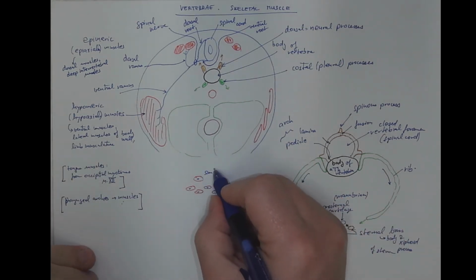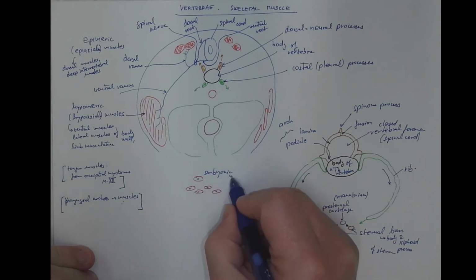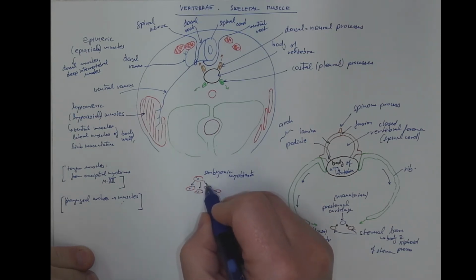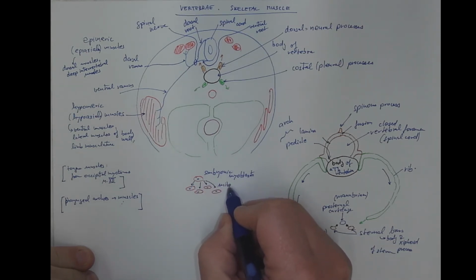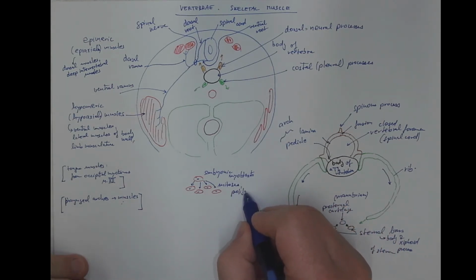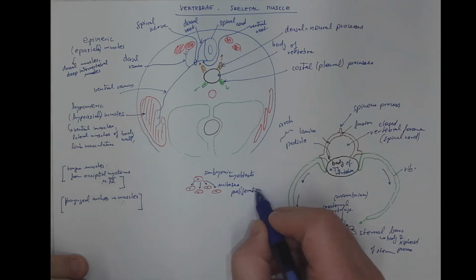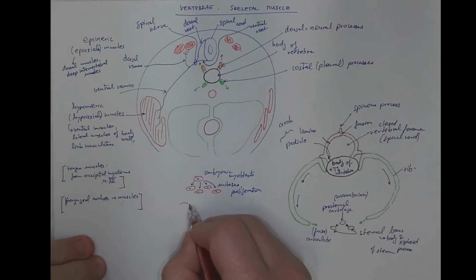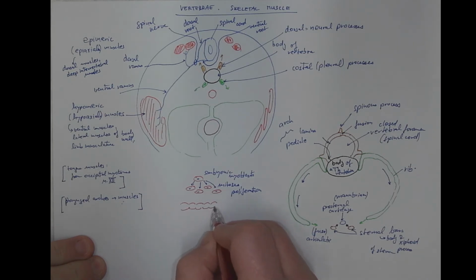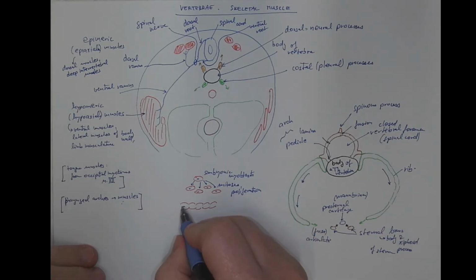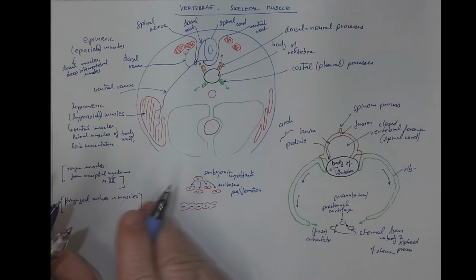So we got embryonic myoblasts that undergo mitotic divisions, they proliferate. And these cells then are fusing, they're forming kind of chains of cells called myotubes.